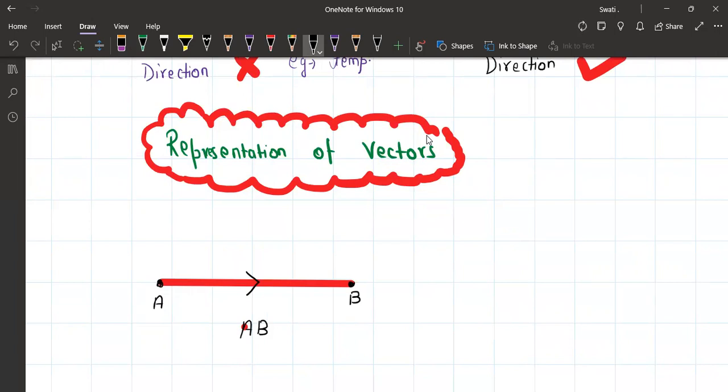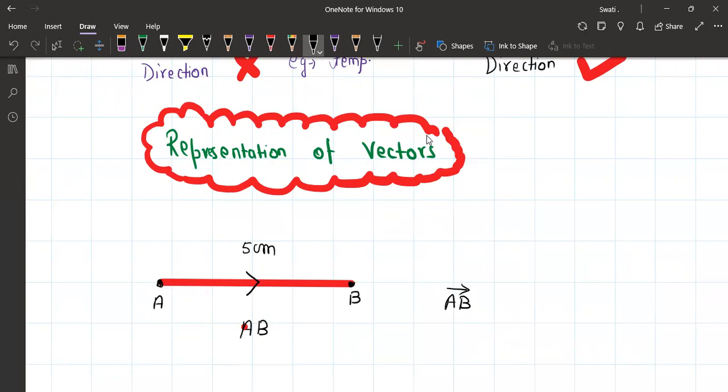It is going from A to B. We are assigning an arrowhead directed from A to B. That has a magnitude. Suppose it has a magnitude of 5 centimeters, and it has a direction also, towards B. That is why this is of course a vector, and we can represent this vector as AB with an arrow on the top.